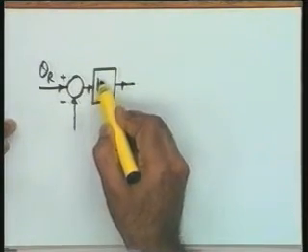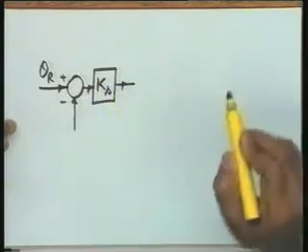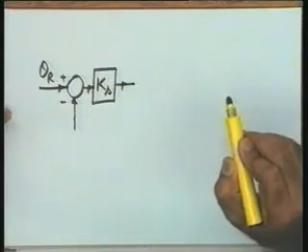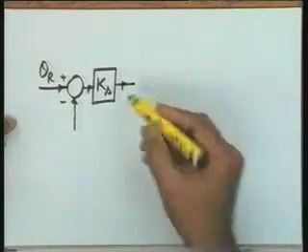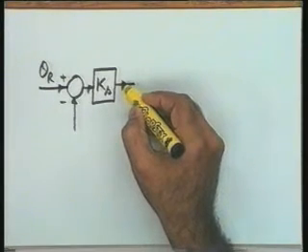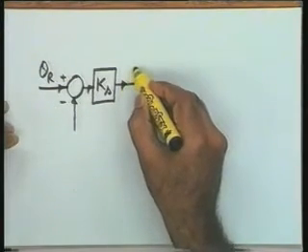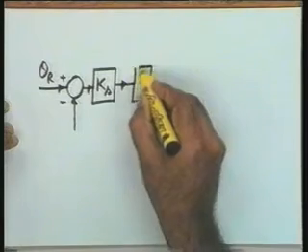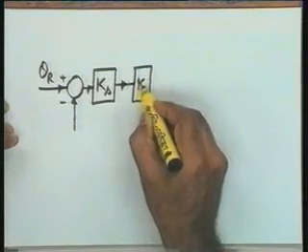At this particular point, yes, K_s, the sensitivity of the synchro error detector. Okay, so here I have the output of the synchro error detector, the envelope of it only. Now this is going to the amplifier. So this is K_a.